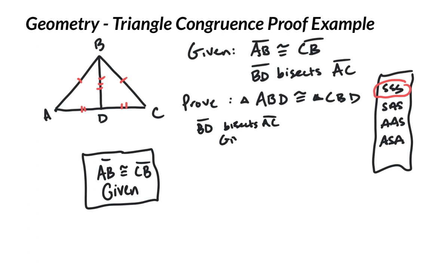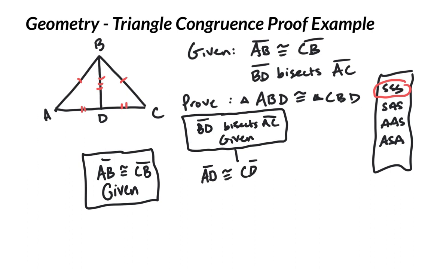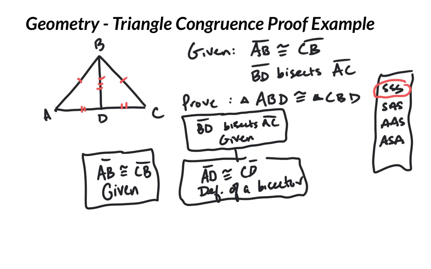That was given. And what that tells me is that AD is congruent to CD, because that is the definition of a bisector. It tells me things have been cut in half. And finally, BD is congruent to BD by the reflexive property.